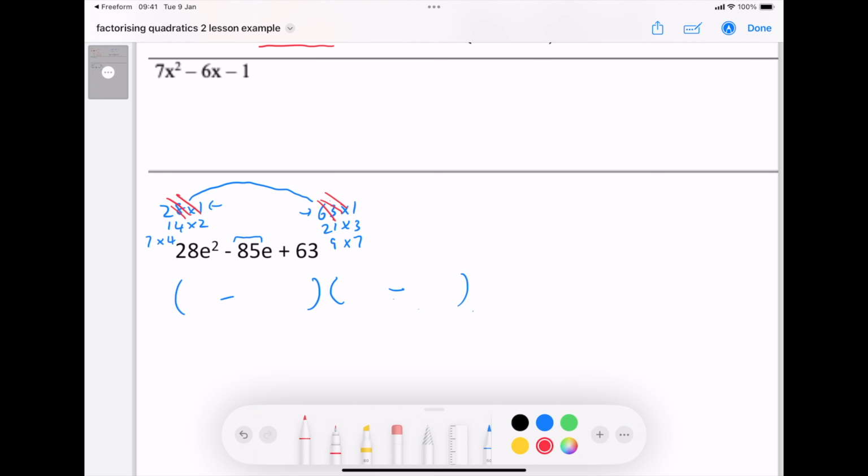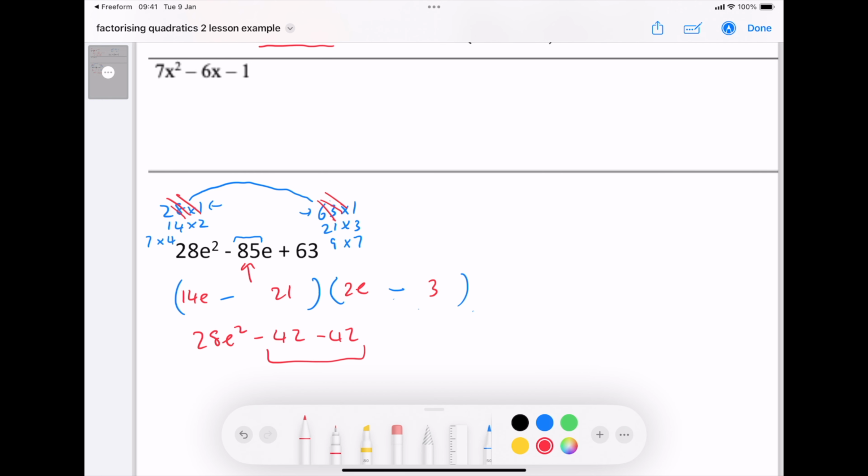Now let's try the second set. So we've got 14 times 2 and 21 times 3. So I put 14x there and 2x there, and let's try 21 and 3 first. So 14 times 2 is 28x squared. 14 times negative 3 is going to be negative 42. 21 times negative 2 is negative 42. And I don't need to go any further because negative 42 minus 42 is not negative 85, it is negative 84.